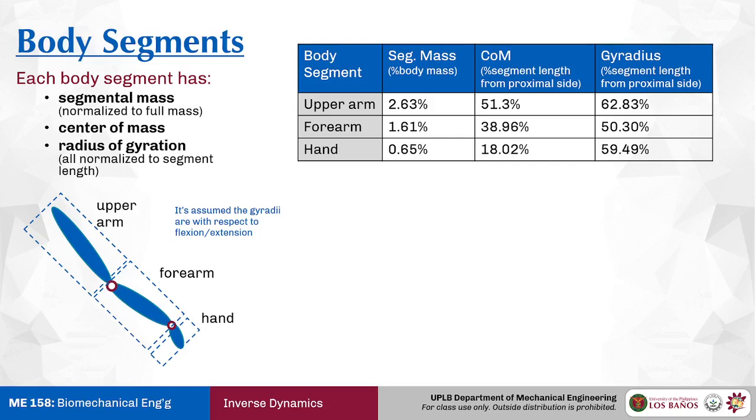But when you're abducting and adducting, that same body segment's inertia characteristics could change. And if you anatomically rotate some of those body segments, their radius of gyration becomes much different. So the gyradius values here assume they are only used in flexion and extension. Abduction, adduction, and anatomical rotation will generate different values of radius of gyration.